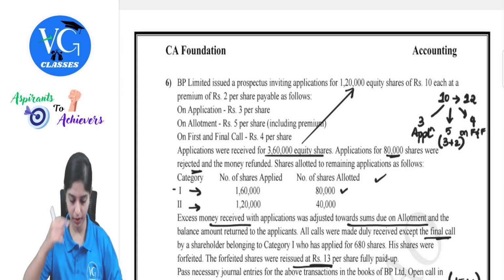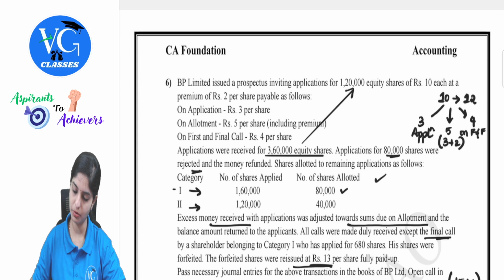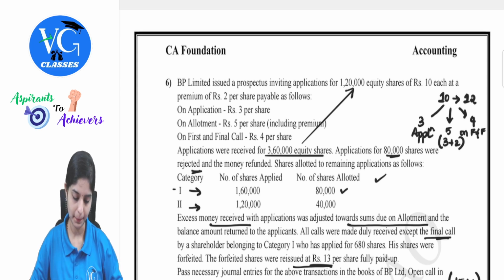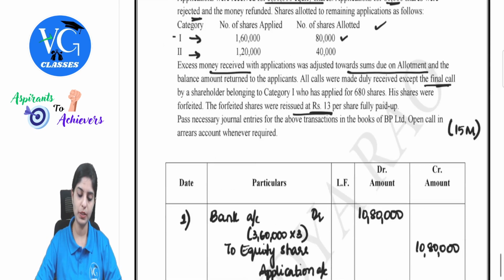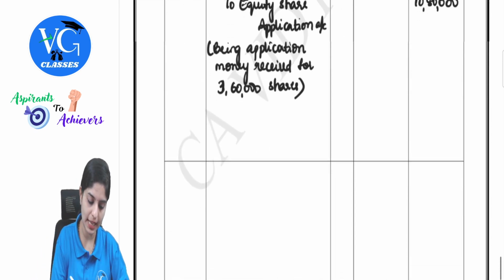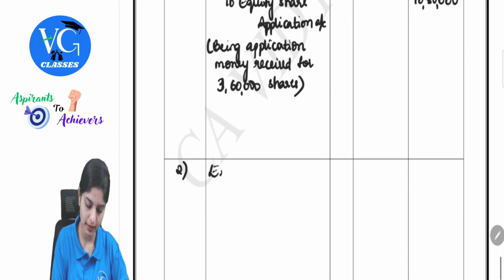Minus 1,20,000 is 2,40,000. 80,000 plus 40,000 is 1,20,000 shares is what they have allotted. All right. 1,60,000 plus 1,20,000 plus 80,000. So 3,60,000. Fine. So this was with respect to application. Now this application money needs to be transferred and pro rata entry to be passed.